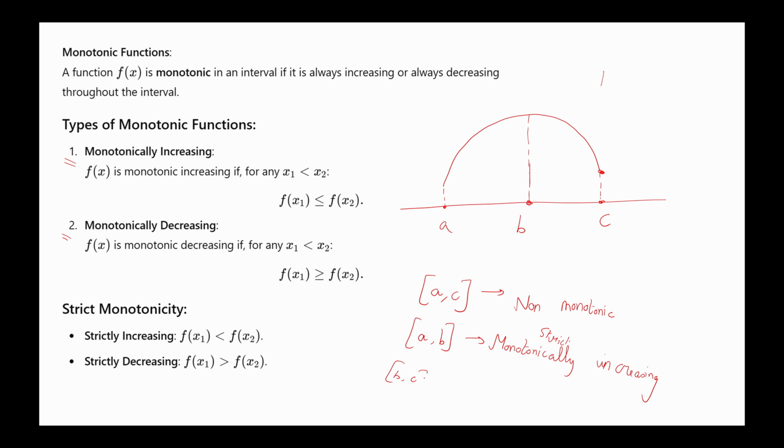However, from B to C, if I look at it, it is constantly decreasing. That means from B to C, I can say my function is monotonically decreasing. And since at no point my f of x1 would be equal to f of x2, this would become strict as well, strictly monotonically decreasing.